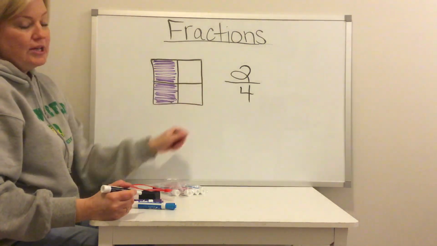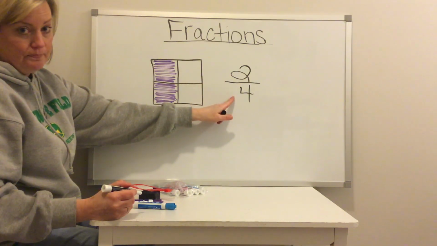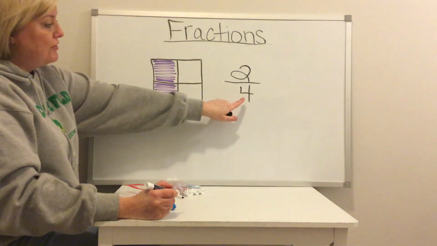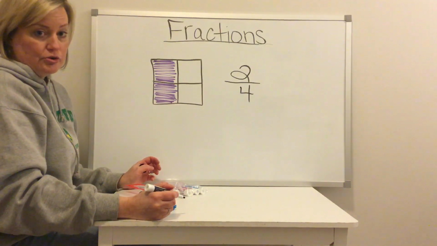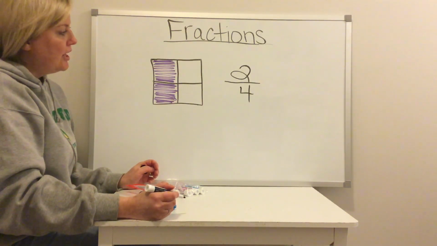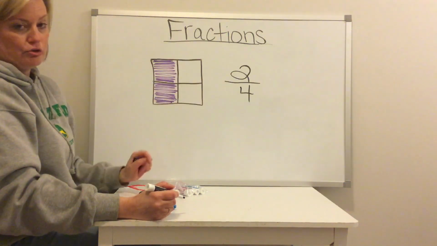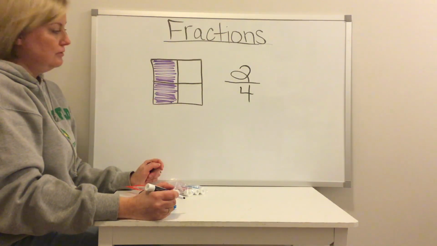So the way I would read this fraction is 2/4. Okay? Now, sometimes if you have a denominator of 4, it might be read as quarters. Kind of like there are 4 quarters in a dollar. Okay? So you could also read this fraction as 2/4 of the figure are shaded.